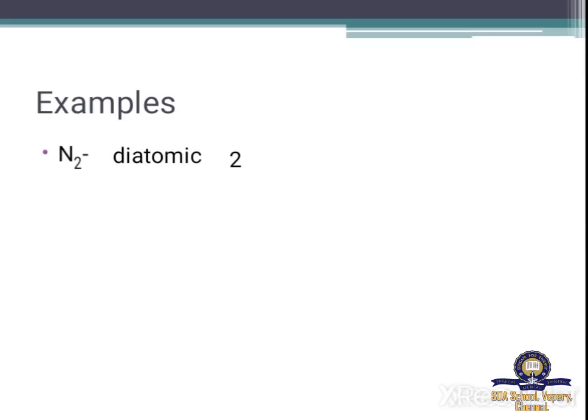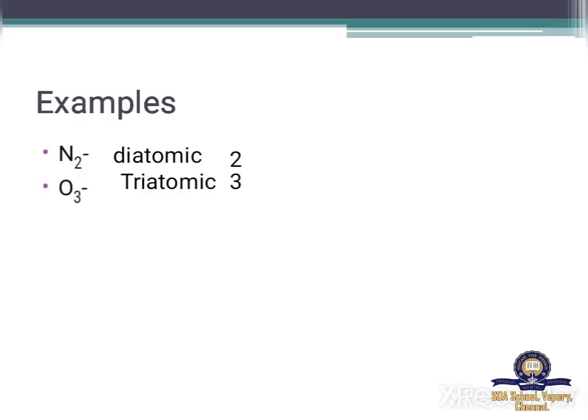The next example is ozone. The formula of ozone is O3. So it has 3 atoms, so it is named a triatomic molecule. The atomicity is 3. As we know, the number of atoms contained in a molecule is called atomicity, right? So here the atomicity of ozone is 3.